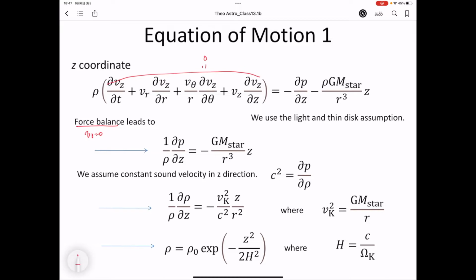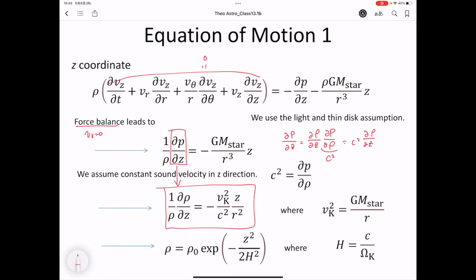Sound velocity in the z direction is a constant value, c squared equals partial p over partial rho. Partial p over partial z is modified: partial p over partial z equals partial rho over partial z times partial p over partial rho. So this corresponds to c squared times partial rho over partial z. Then we need to solve this equation.